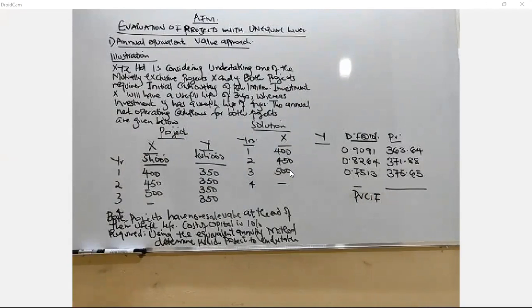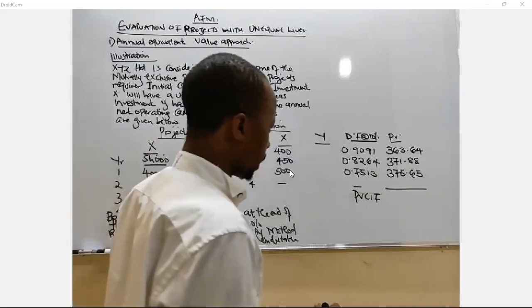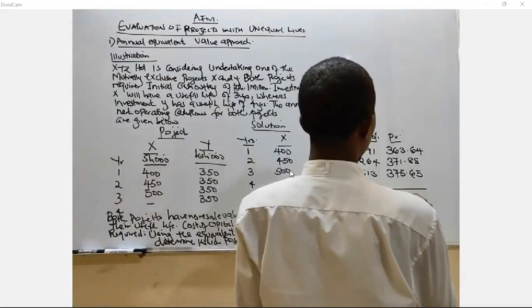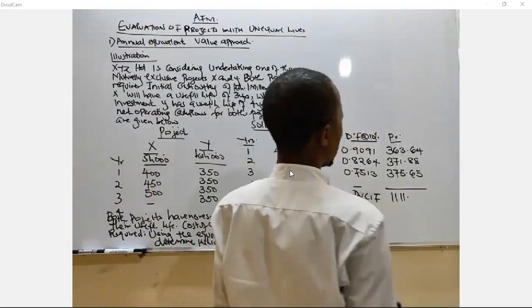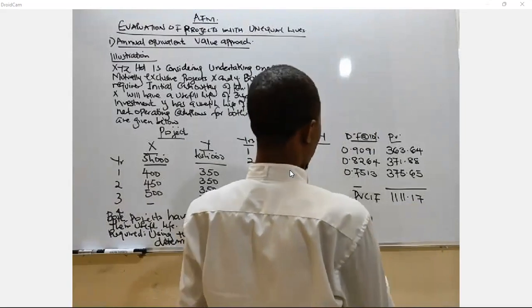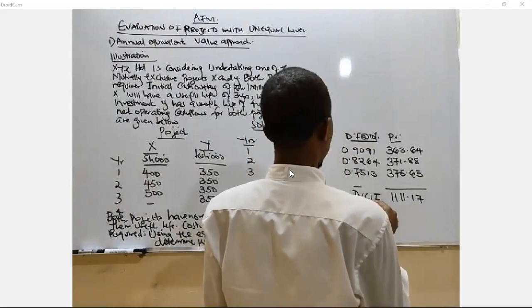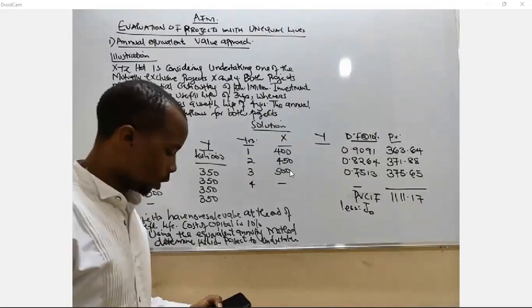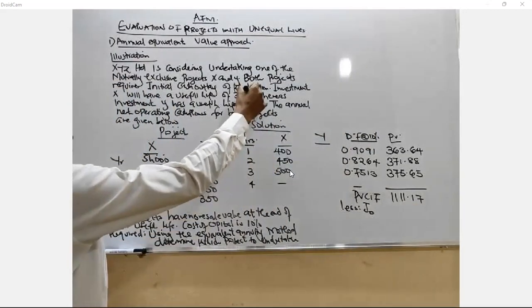How much is it? 1,111.17. Then you list your initial outlay, please. Your initial outlay is how much?